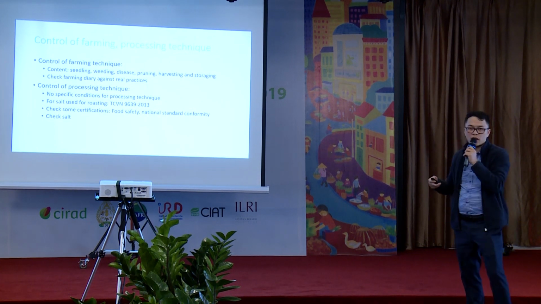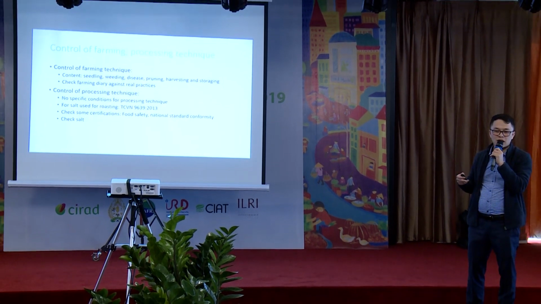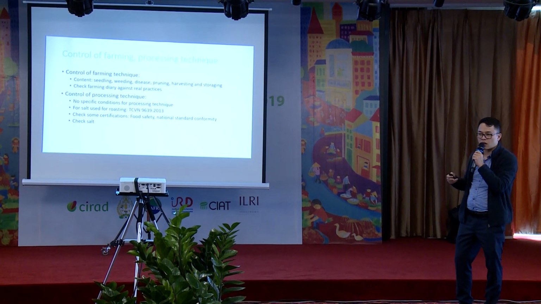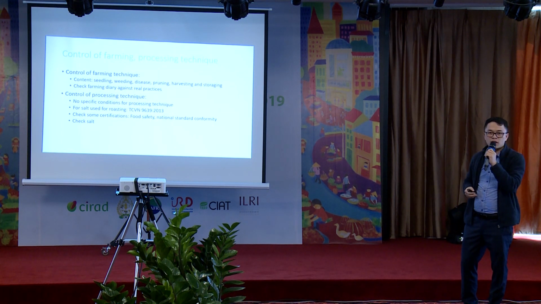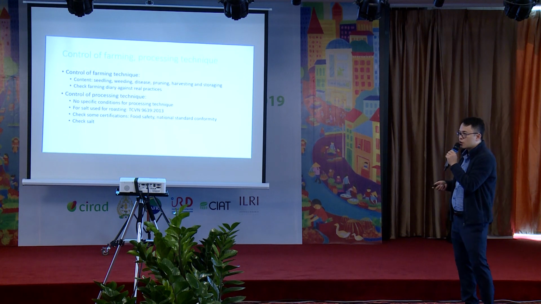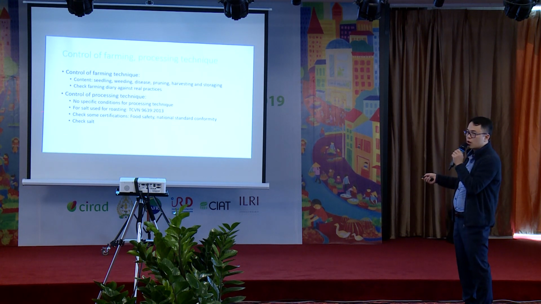So for controlling the processing techniques, actually it is not really strict. It's quite easy because each company has its own processing techniques. So we don't really put a restrictive control on the processing technique. But for the salted cashew nut, we only check the salt they use.